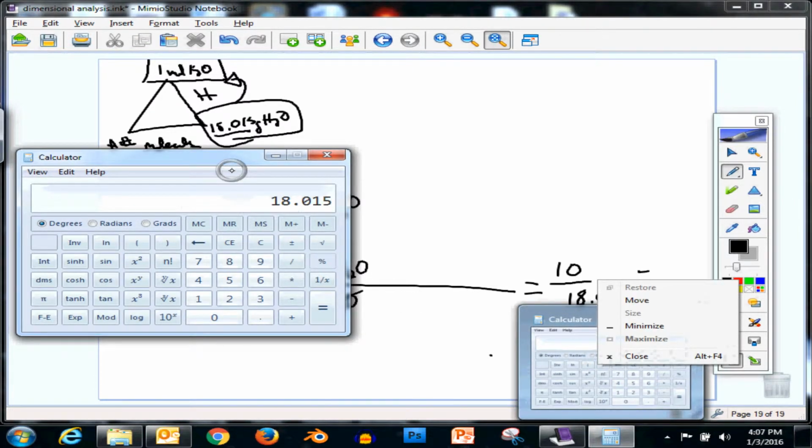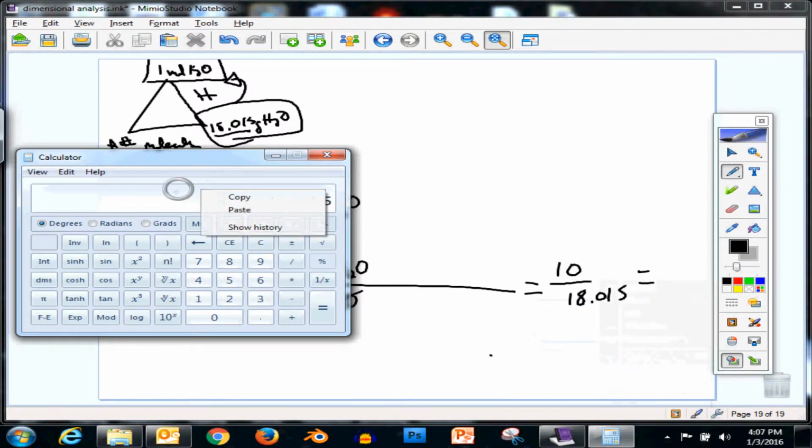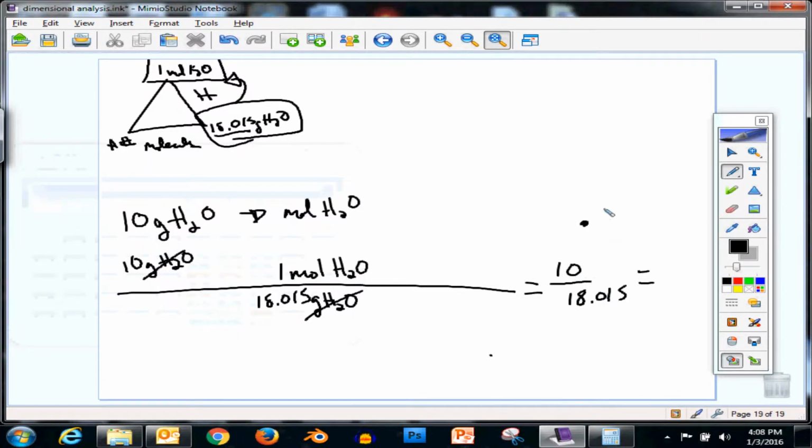And now I divide those. 10 divided by 18.015 equals.